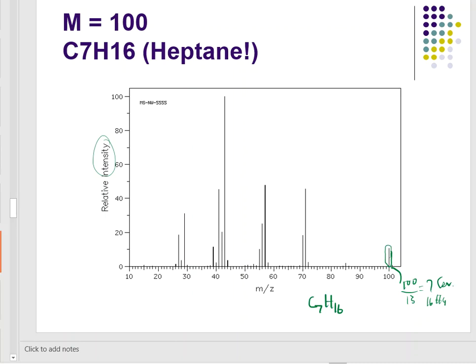What's it the mass spectrum of? It's the mass spectrum of heptane, which is C7H16. So I was able to identify the condensed structure, at least of the molecule, just by using that 100. But again, it only works if it's a hydrocarbon.